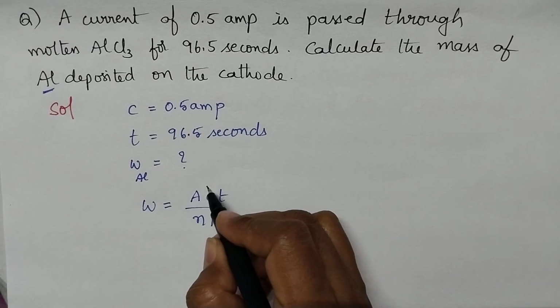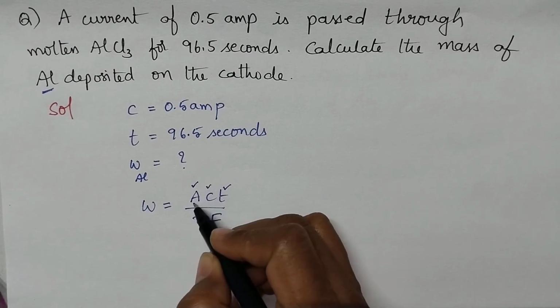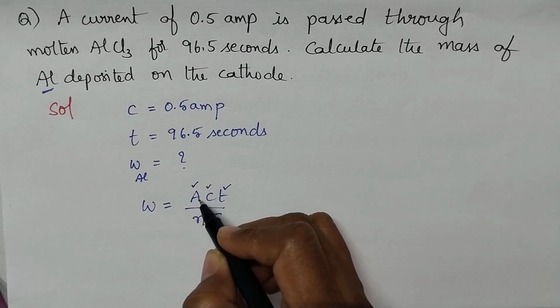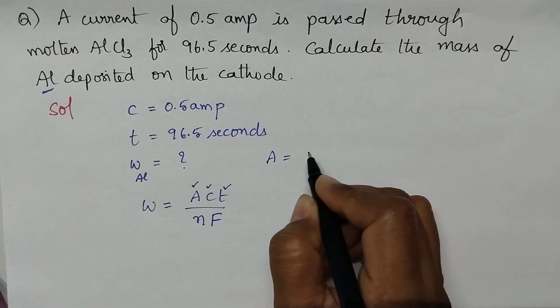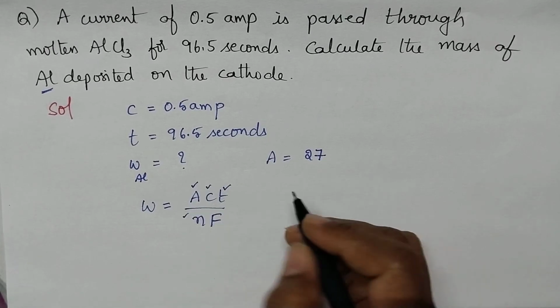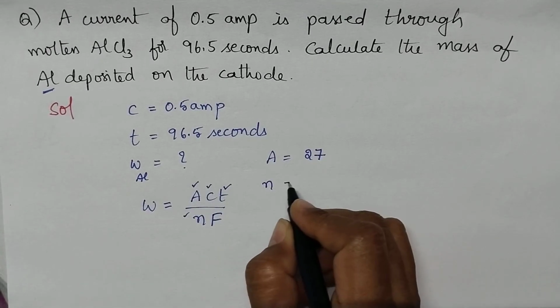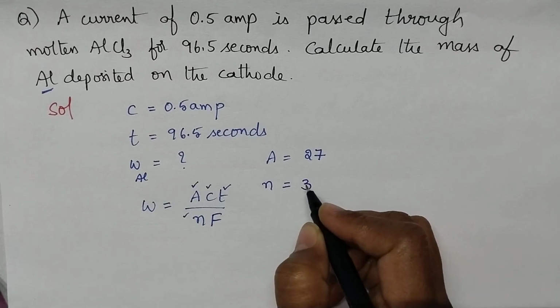So we know the value of C, we know the value of T, and we know the value of A. A means atomic weight of aluminum. So what is the atomic weight of aluminum, students? That is 27. N means valency of aluminum. The valency of aluminum is 3.